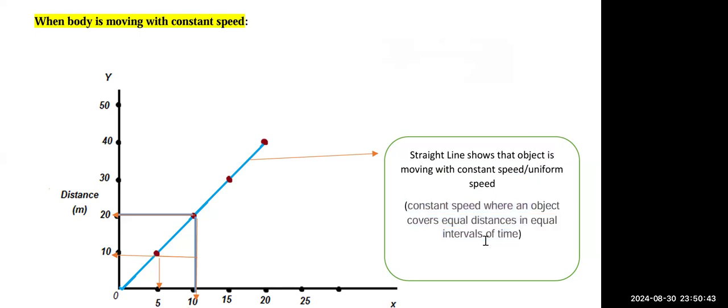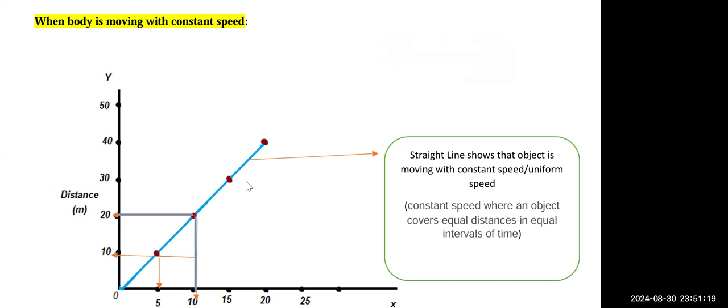For example, if a body covers 10-meter distance in the first 5 seconds, and in the next 5 seconds again the body covers 10-meter distance, it means in equal intervals of 5 seconds the body is covering equal distance. That is why we can say that the speed of the body is not changing. So we can say that the body is moving with constant speed.